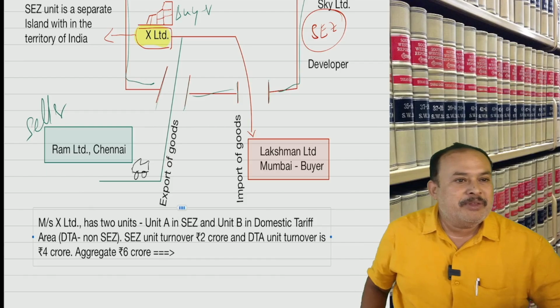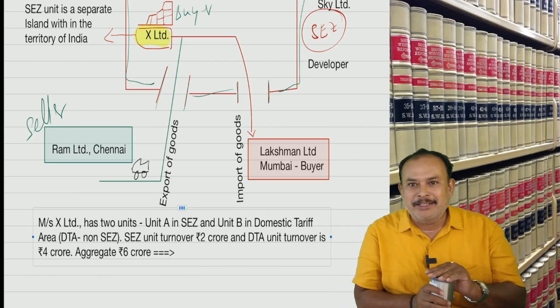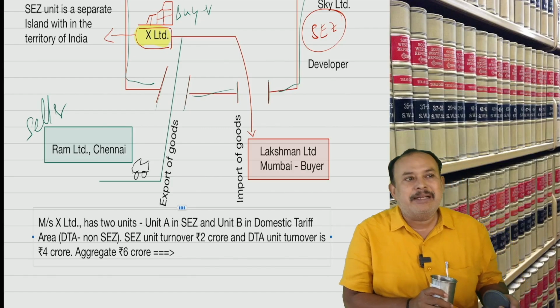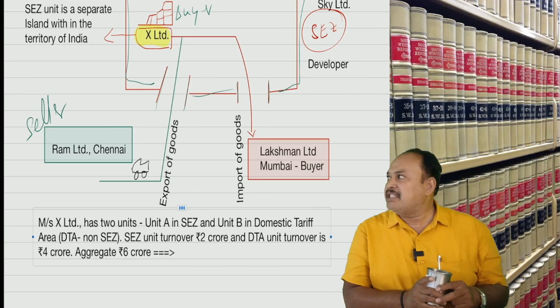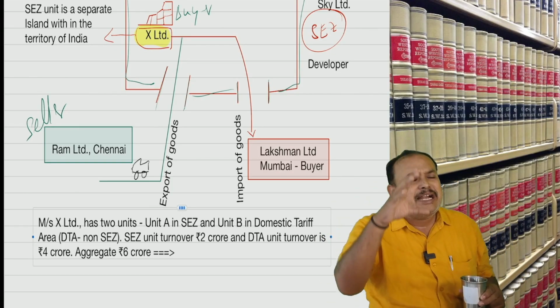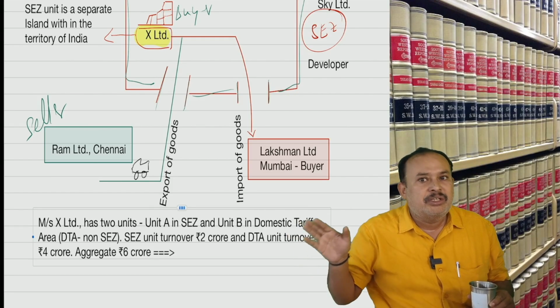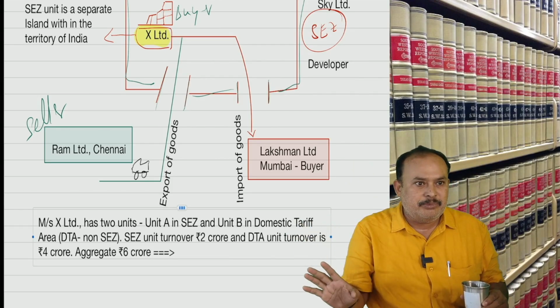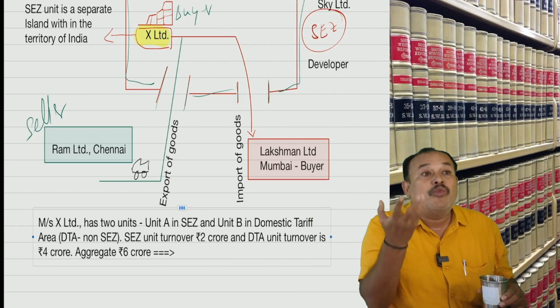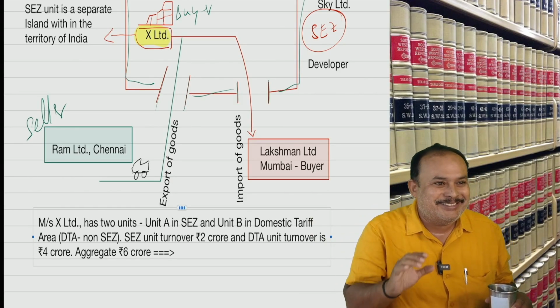Not mandatory? As a whole not mandatory? No. Sorry, my dear sir. Clarification given by CBIC says that aggregate turnover exceeded 5 crores because it is 6 crores. E-Invoice is mandatory for X Limited for the non-SEZ units.